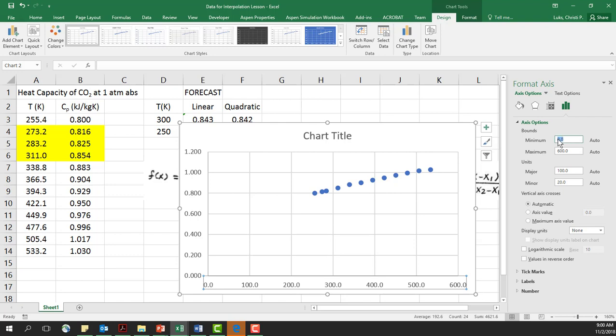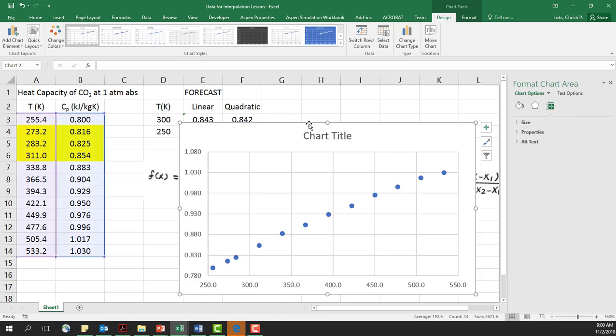Let's see, I want this to go from 250 to 550, that's good. And I want this axis, that's good. Okay, I wanted to really be able to take a look at what I was doing here.